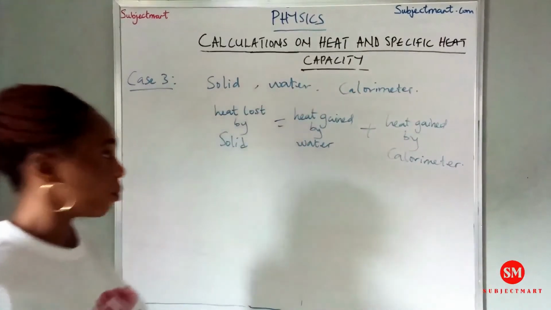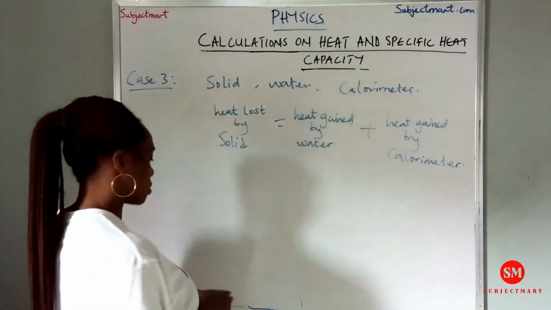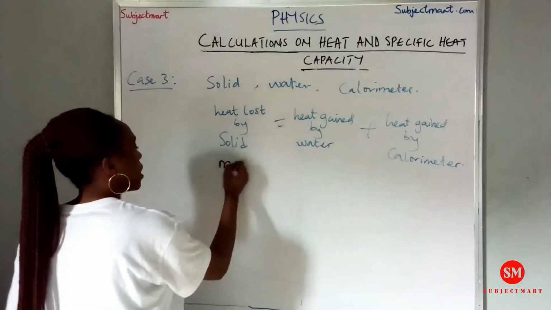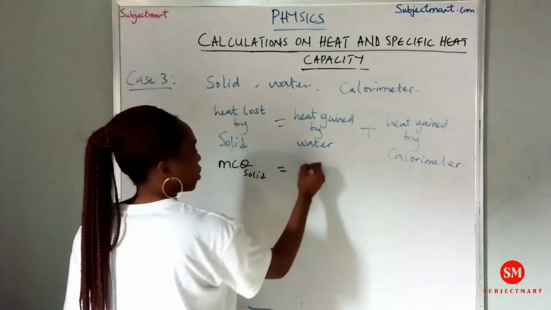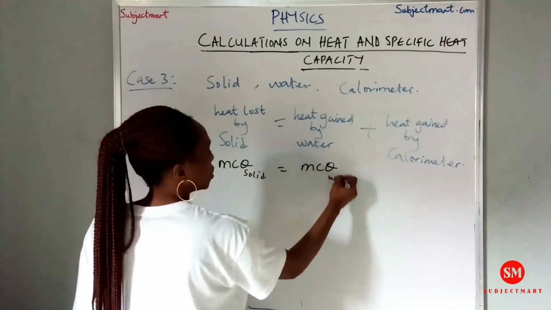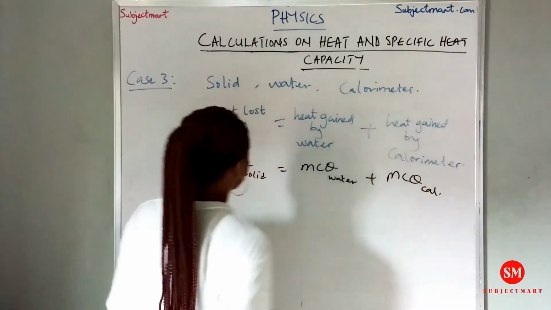So this is the basic formula we'll be working with. I'm just going to rewrite that: mc theta for solid is equal to mc theta of water plus mc theta of calorimeter.